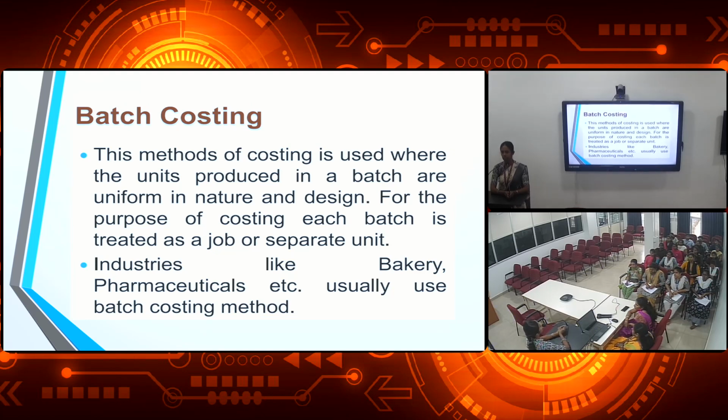If you are running a buying office, you will be placing the order with the manufacturing unit. Yes, that can be called batch costing, where only one style, only one particular color, or only one particular size is given. Every 500 units will be uniform in nature. That is called a unit. So that costing will be called batch costing.